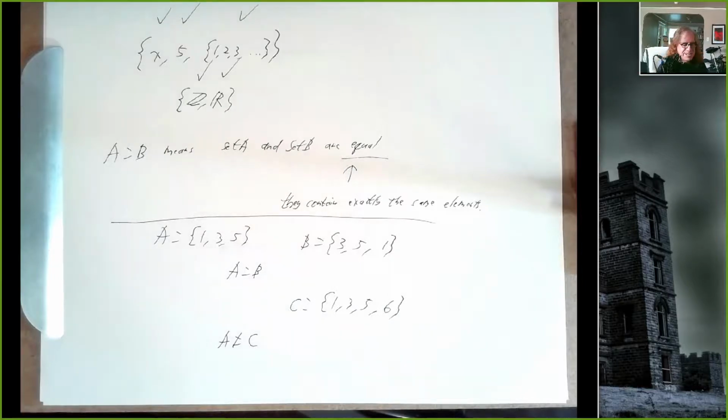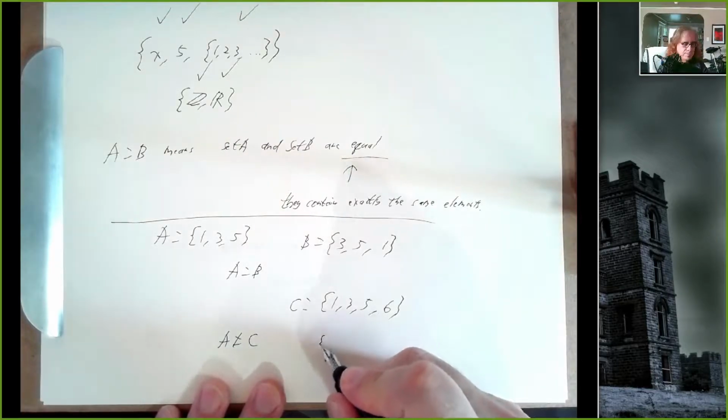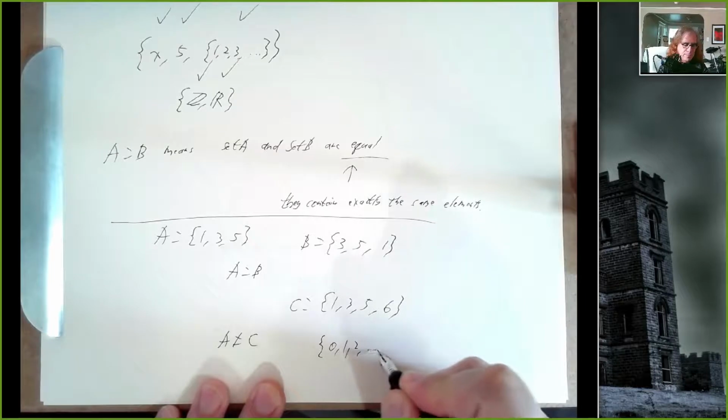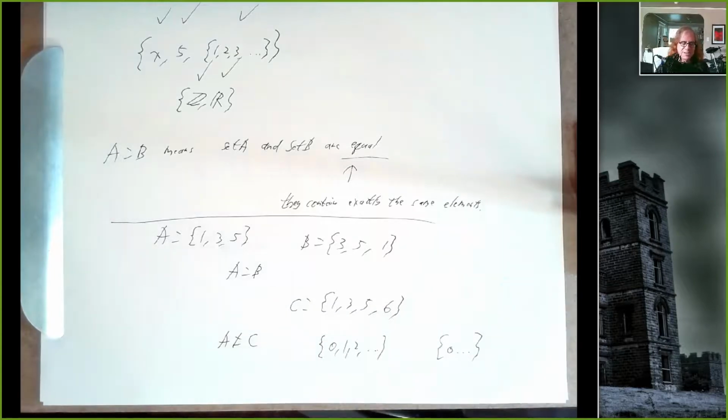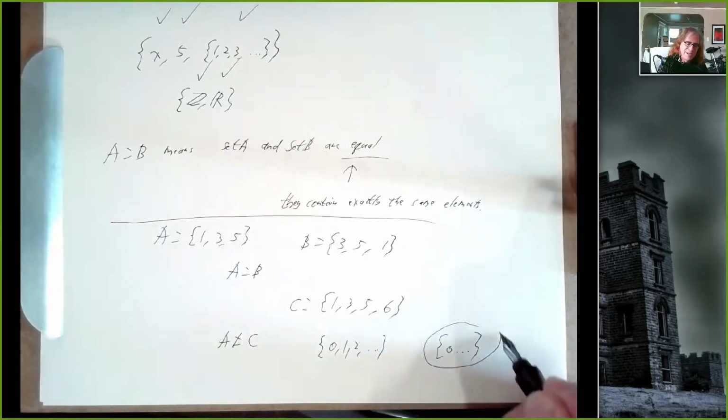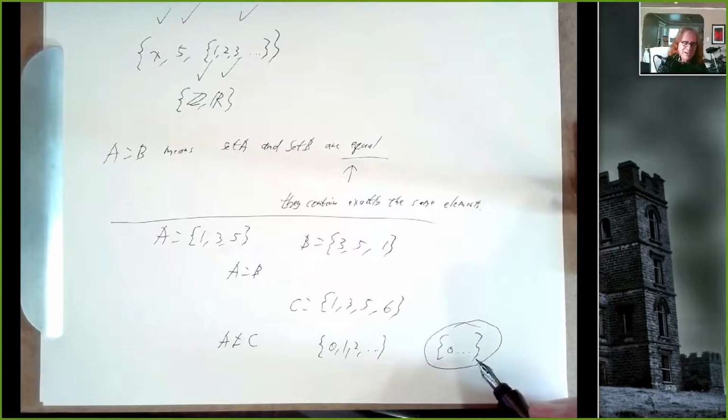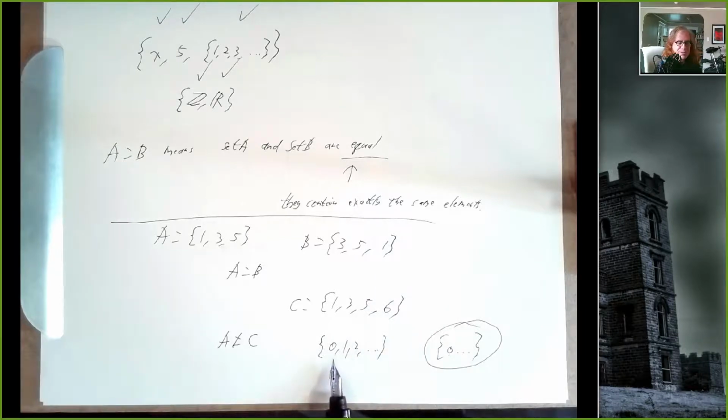So somebody asked, if we write that and we write this, are those the same set? Well, it depends what you mean by this, and I would say that when you write this, you haven't given me enough information to know what this set is. This is really kind of a bit of an informal shorthand. If you write this and you hand it to a reasonable person, they'll probably assume this is all the integers bigger than or equal to 0.